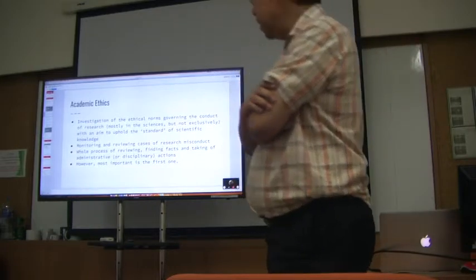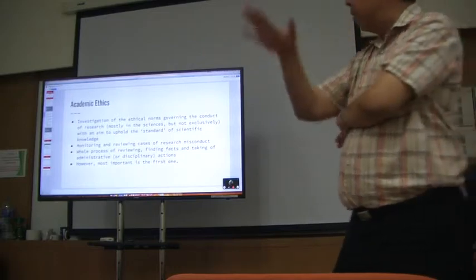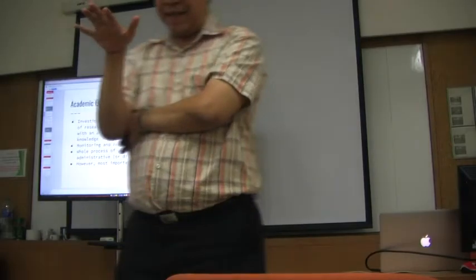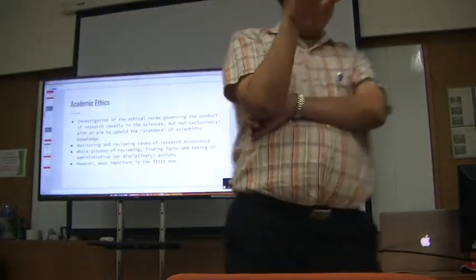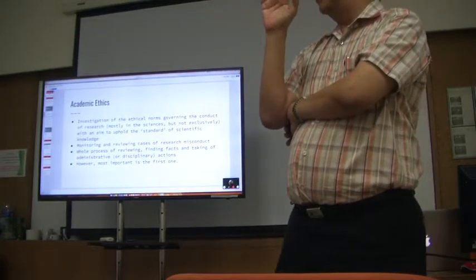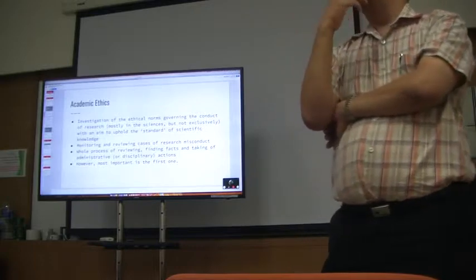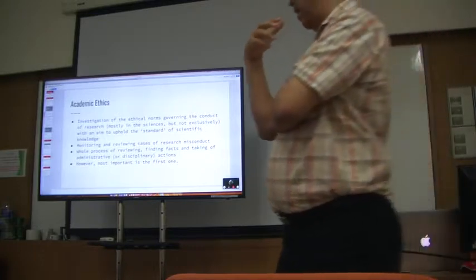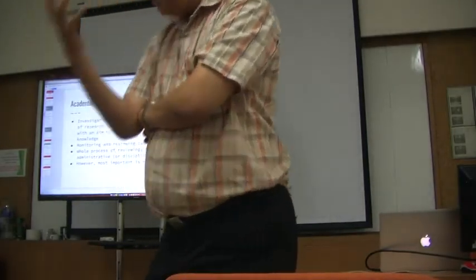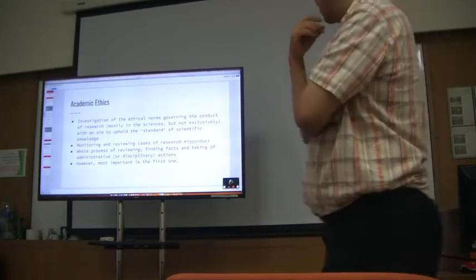People do research, and there are norms governing how they should do it. They should follow the standard in such a way that their results are reliable and trustworthy, so that people can treat the results as evidence of scientific knowledge.